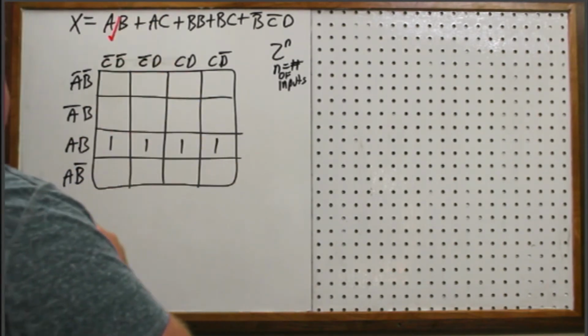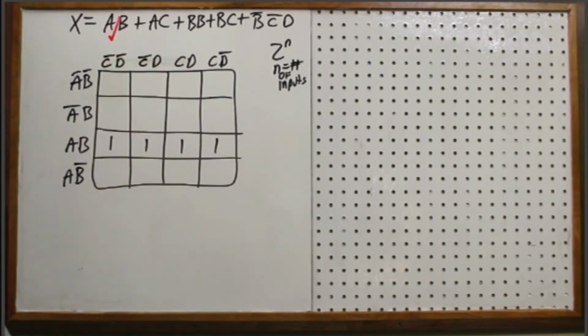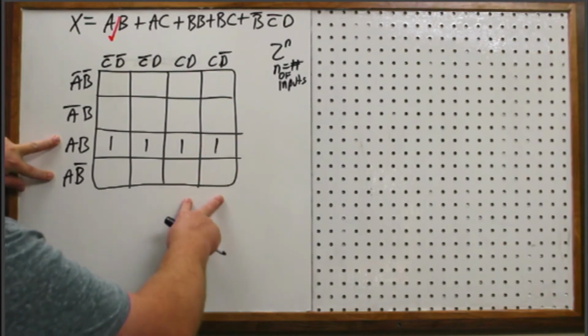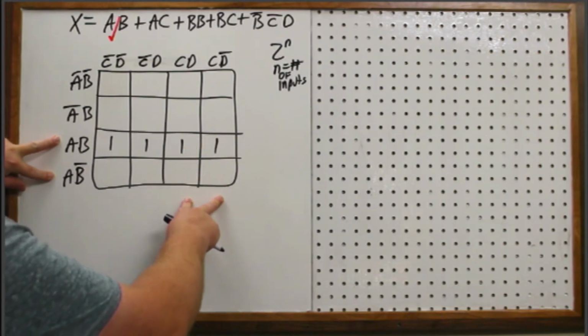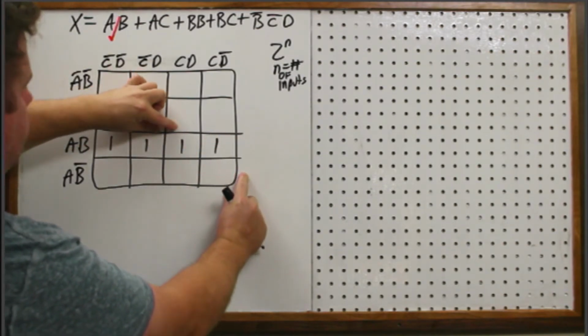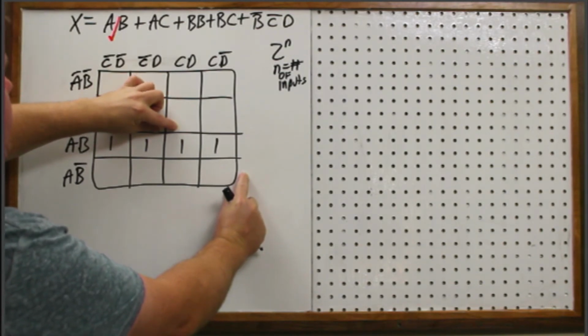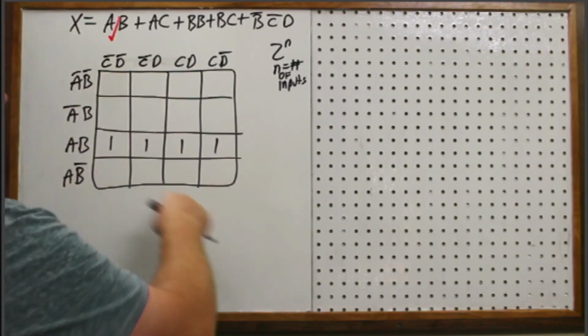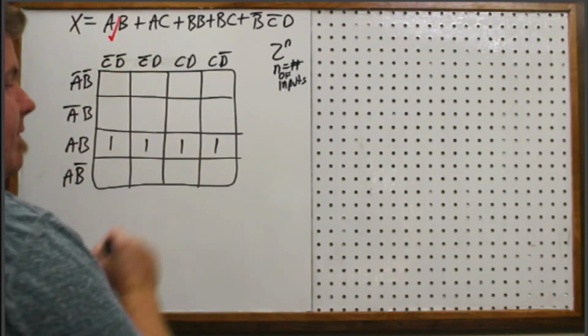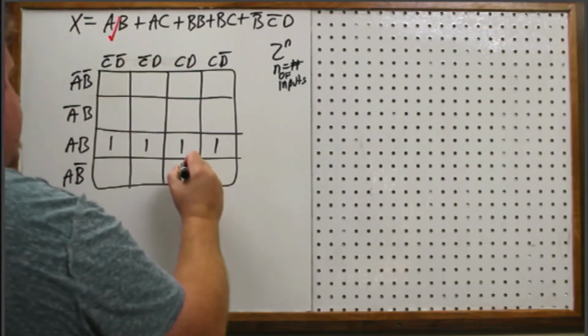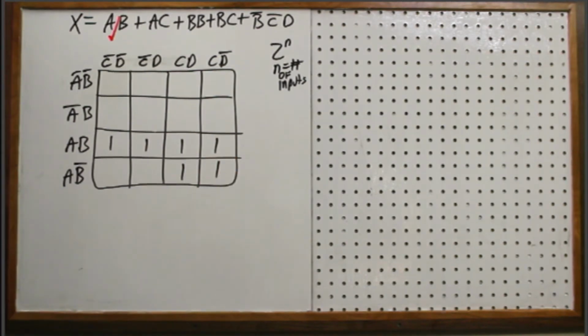The next one is where A is high and C is high. So let's see where that is. A is high on the bottom 2 rows. C is high on the far 2 columns, which means we're talking about this 4x4 here, okay? And it says that B doesn't matter and D doesn't matter, so it's all 4 of these. And 2 of them have already been completed by the last one. So already you can see we've got some overlap here.